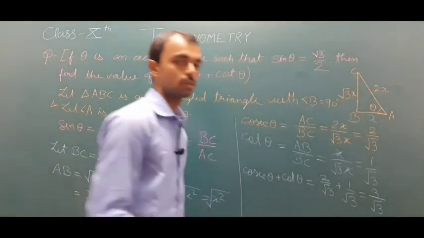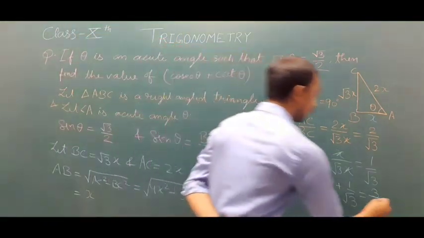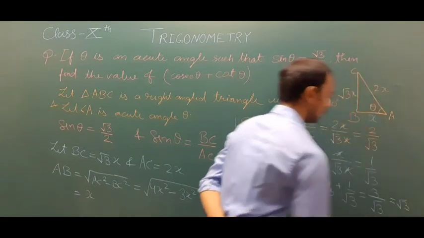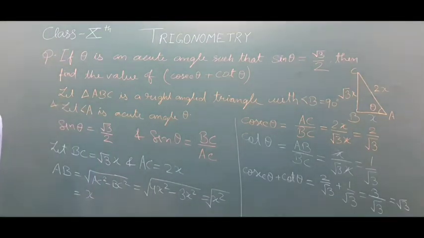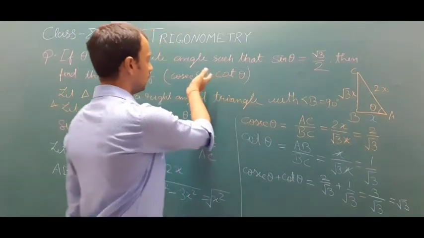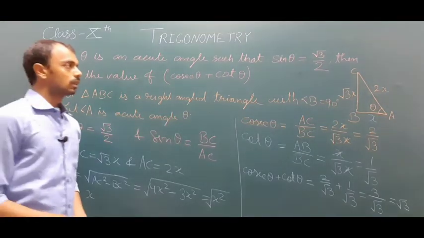Now what is 3 upon root 3? 3 can be written as root 3 into root 3. Root 3 and root 3 will get cancelled. The value will be root 3. I hope you understood how we have to calculate the value using the given ratio. Okay.